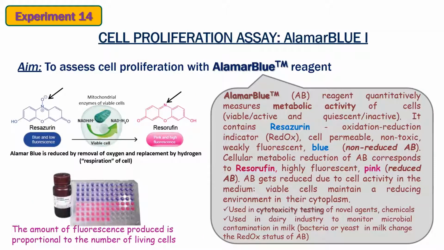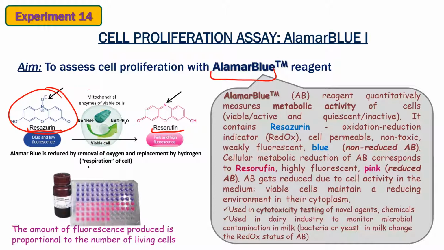Okay, so now let's talk about the Alamar Blue. So Alamar Blue is the reagent, and it is related to the transition from one state to another. The oxidized one is resazurin, and the reduced one is resorufin. So these two states are related to the reduction of this molecule. And this reduction only happens in the presence of live cells. Why?